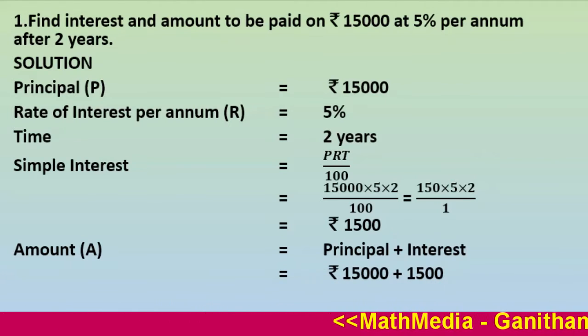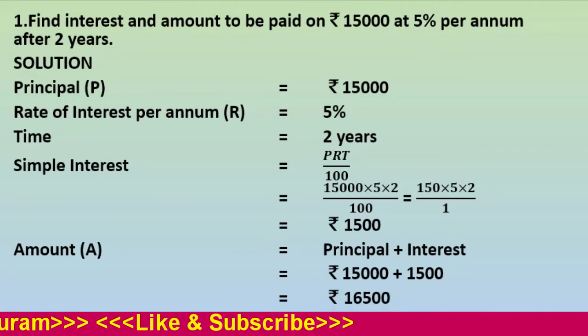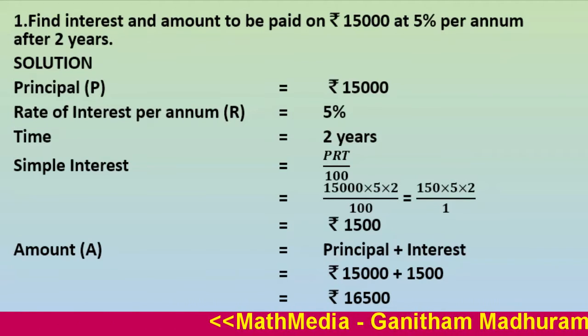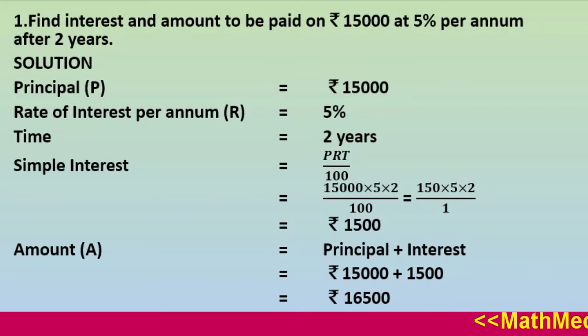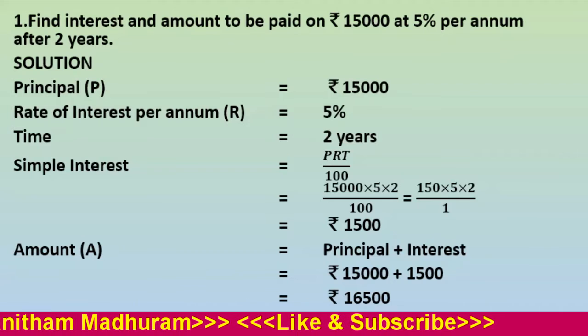So rupees 15,000 plus 1,500 equal to 16,500. So the interest to be paid is rupees 1,500 and the amount to be paid is rupees 16,500.